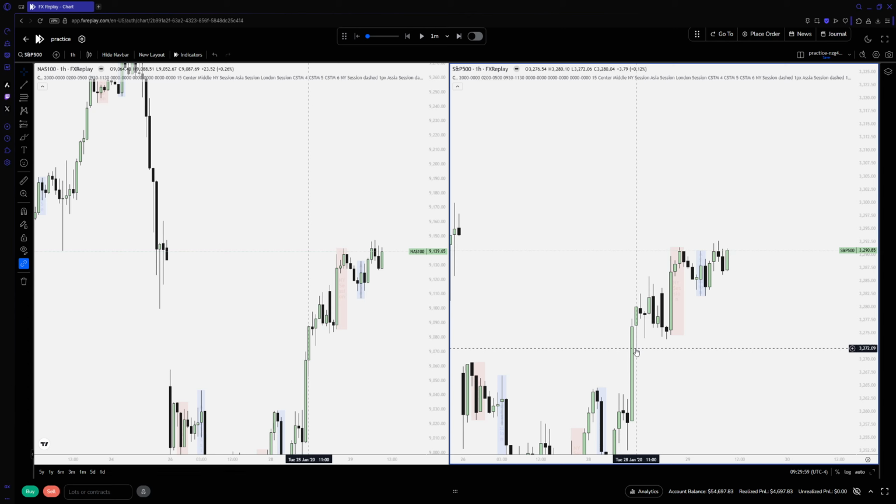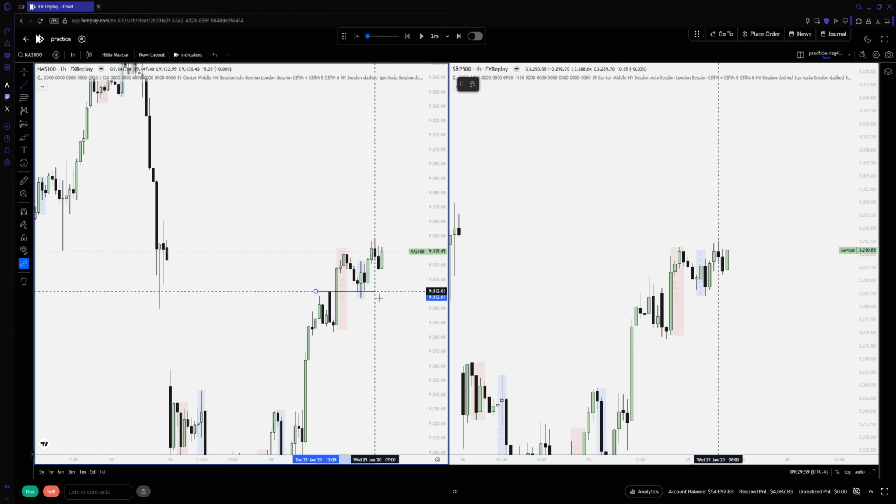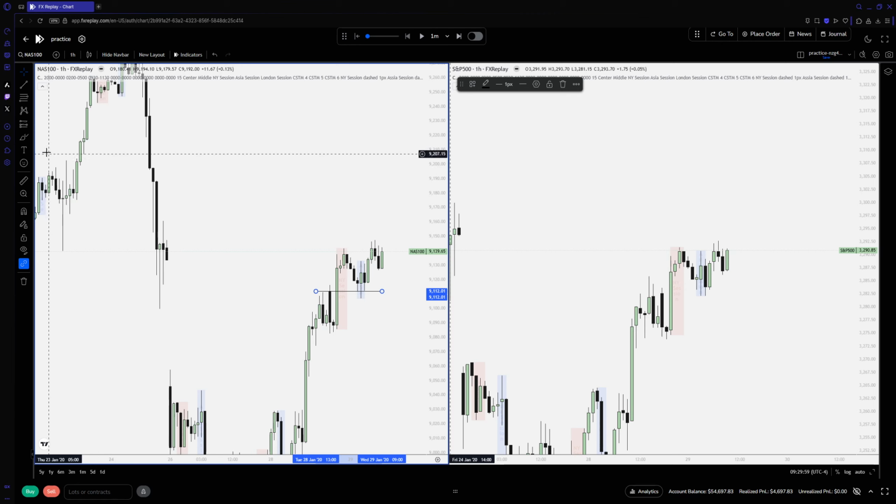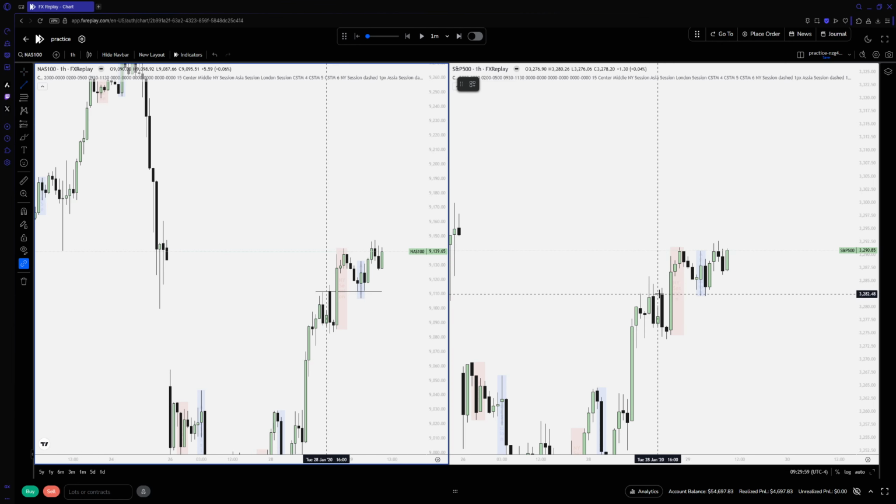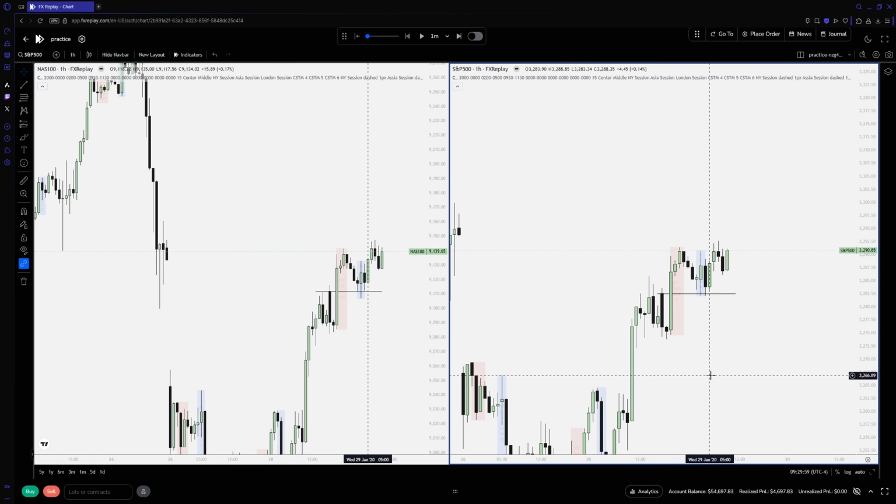In fact, there's an SMT here. We do have a change in state of delivery from that early dip and then move up. So I would actually say we are moving away from an established low of day.